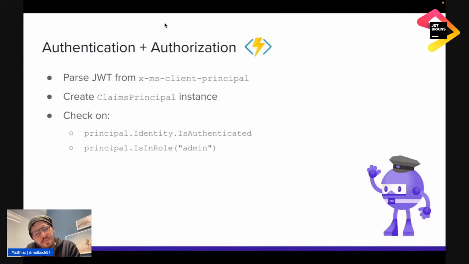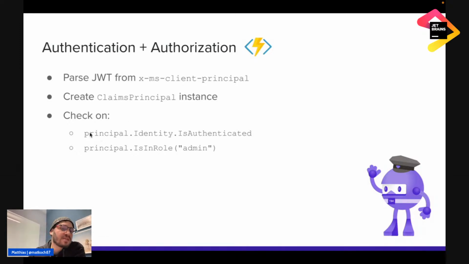And the most important entity here is the X-MS-CLIENT-PRINCIPAL header, which gets automatically populated once we are logged in. And this is a JSON Web Token that we can parse, and we need to create a claims principal instance from that. So that instance is just a .NET object.